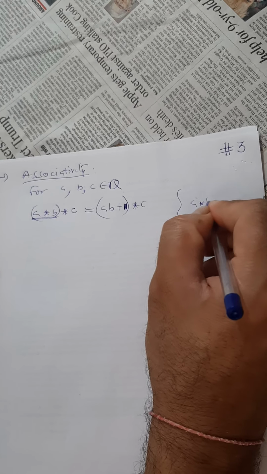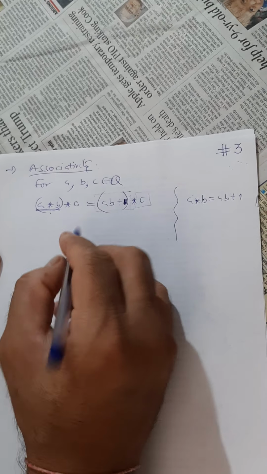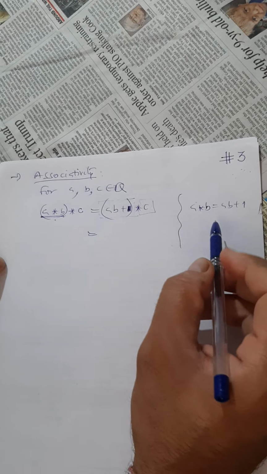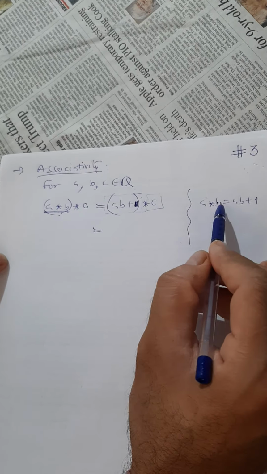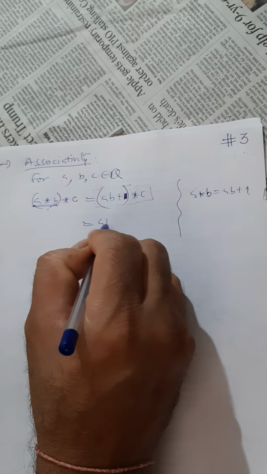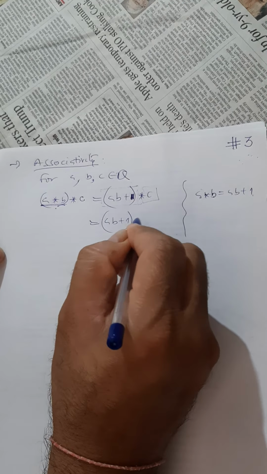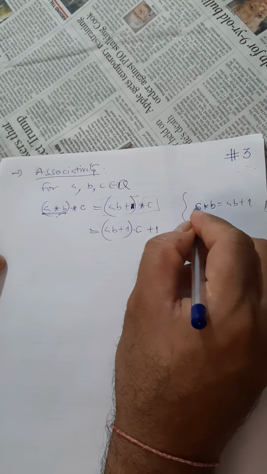A asterisk B, you are given, is AB plus 1, so I will just place the value. Now consider this is like A and this is like B. What's the definition of asterisk? This into this plus 1. So (AB plus 1) into C plus 1. I repeat, what is A asterisk B?